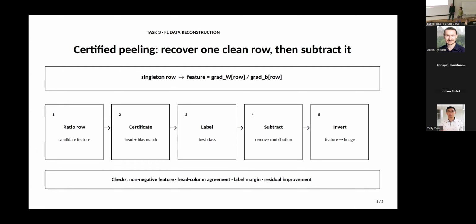We compared the head layer with the gradients' head layer. We also guessed the label by comparing the gradients for all of the candidates and choosing one. Then we iteratively removed these candidates from the existing gradients so that we could find more of the singleton examples. This was the most interesting part.